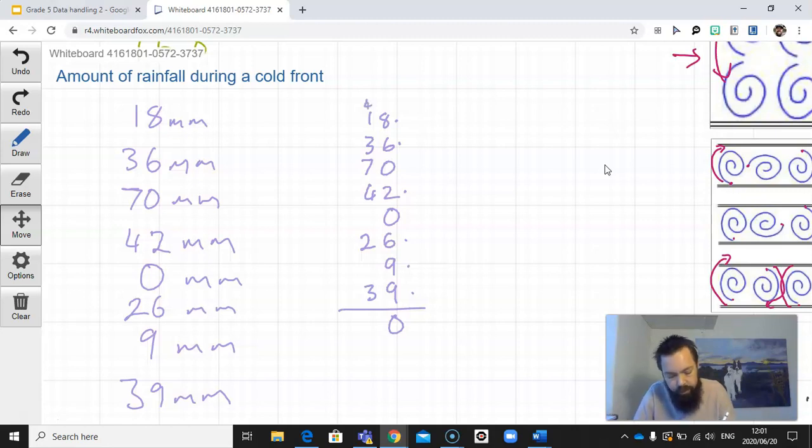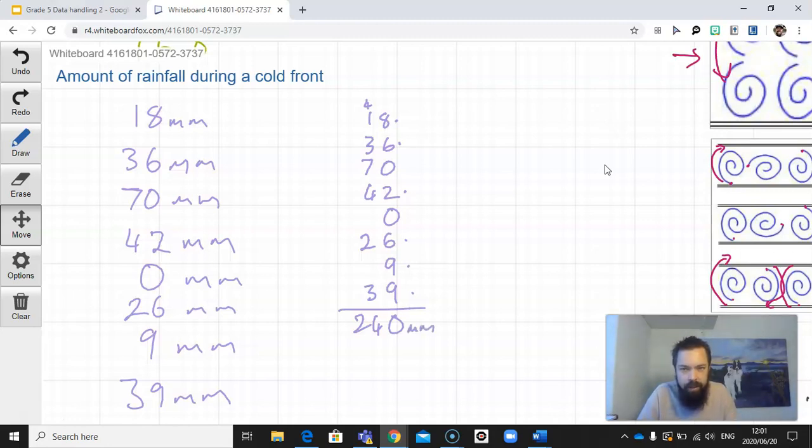So carry a 4, 4, 5, 6, 7, 8, 9, 10, 11, 12, 13, 14, 15, 16, 17, 18, 19, 20, 21, 22, 23, 24. So in total, I have 240 millimeters of rain.